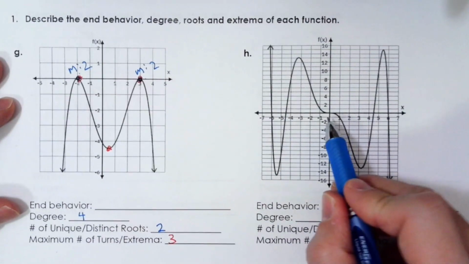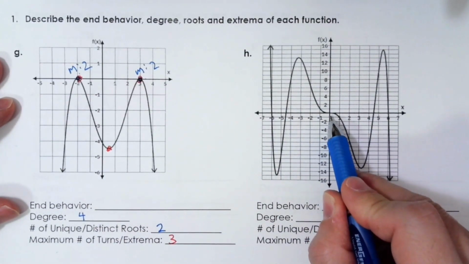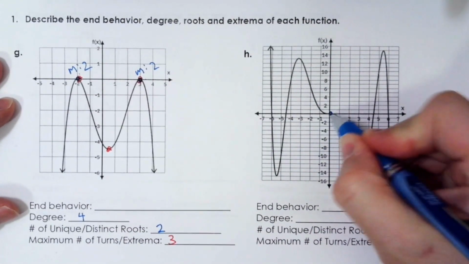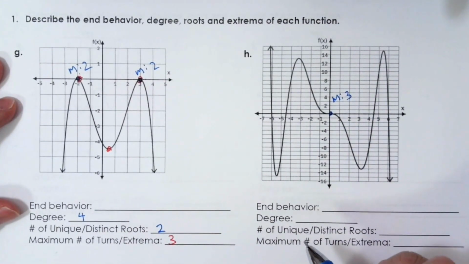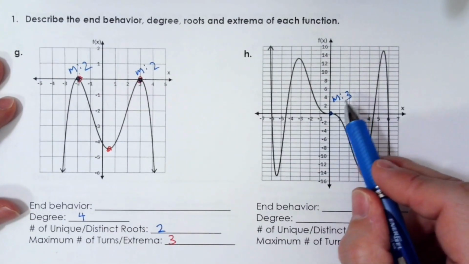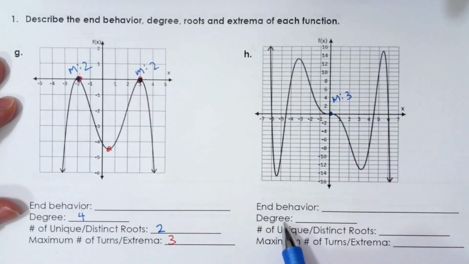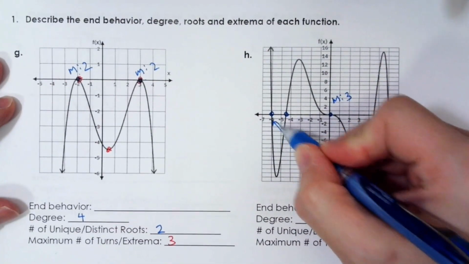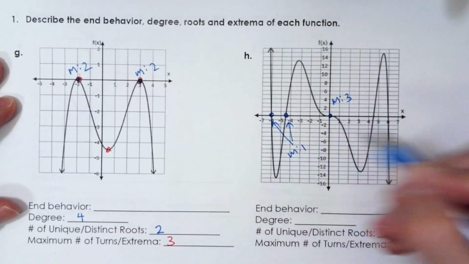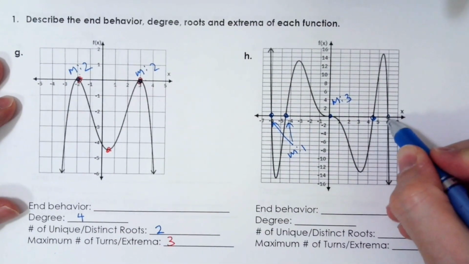This one gets a little more interesting because we have a clear inflection point. So that could be a 0 that's multiplicity 3 or a larger odd number. So that could be multiplicity 5, 7, etc. So when we're talking about degree here, we're talking about minimum degree. These clearly go through. So we got multiplicity 1 for those zeros.